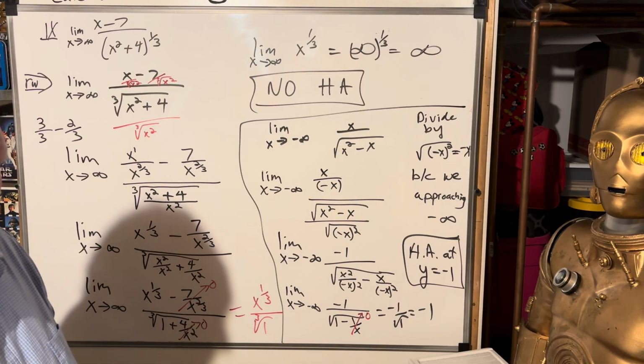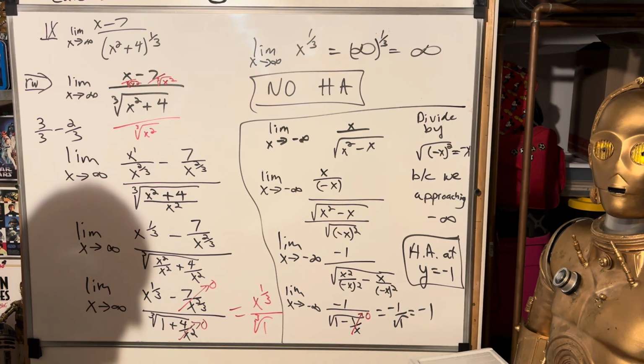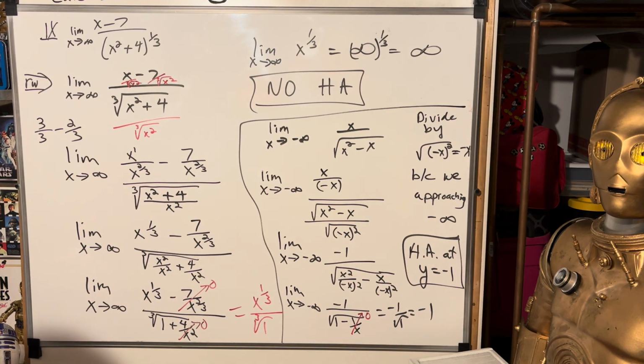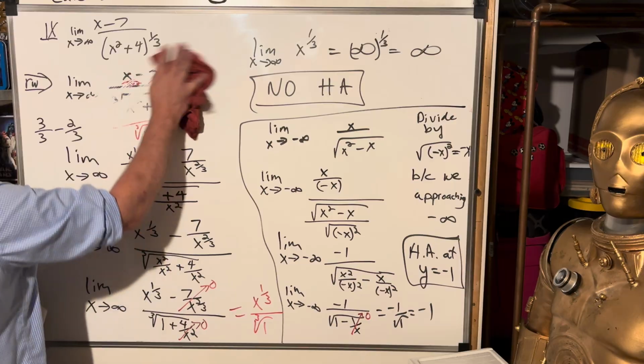Okay, let's see. Number 1, if the degree of the numerator is the same as the degree of the denominator, the limit is the ratio of the coefficients of the highest powered terms in the numerator and denominator. We'll write that out. All right.